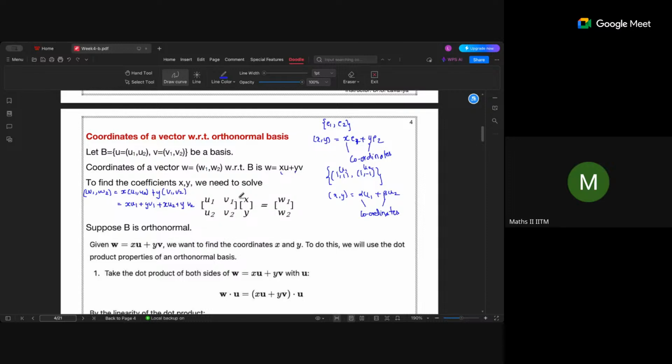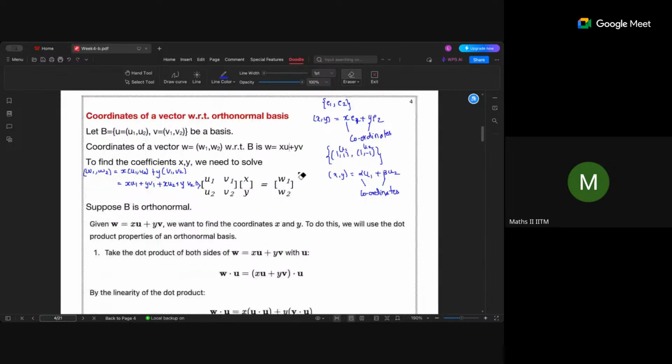We can write this in matrix form, which is the matrix form of this expression, and that is equal to (w1, w2). Do you all understand how we got this from here? Yes, ma'am. Okay, fine.